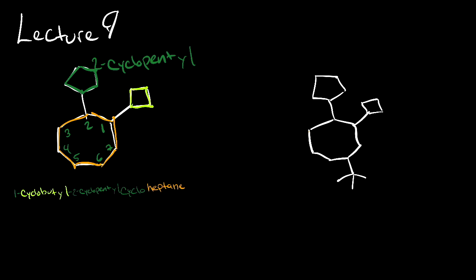Okay, now let's look at the structure on the right. The structure on the right over here, we can go back and can count that the core, the root, is still a 7-membered ring, and it's still heptane, and it is still cyclo. Now it's got 3 substituents on it instead of 2.